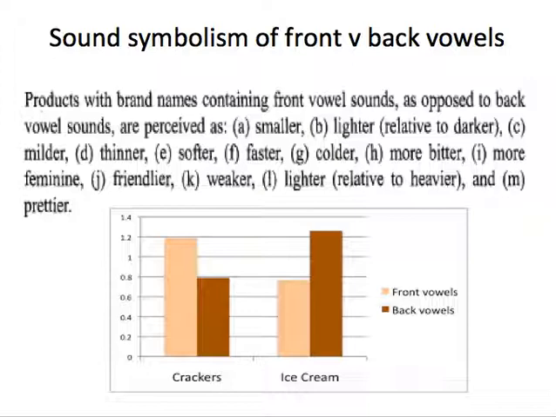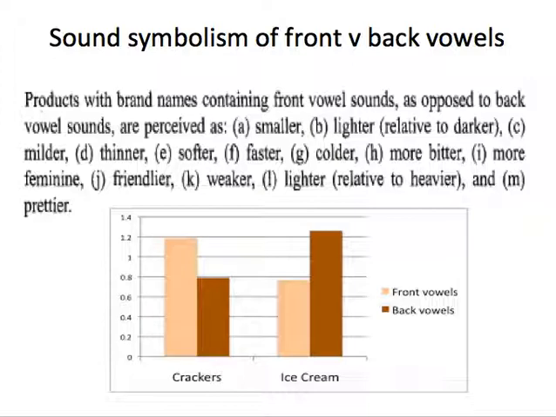What he found when he collected a series of brand names of crackers and a series of brand names of ice cream is that there are predominantly more front vowels used for the names of crackers, and more back vowels used for the names of ice cream.